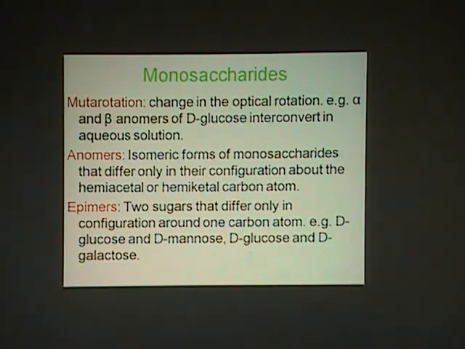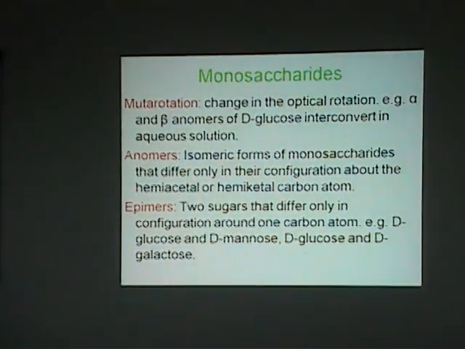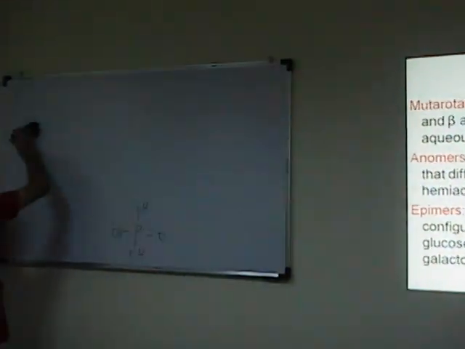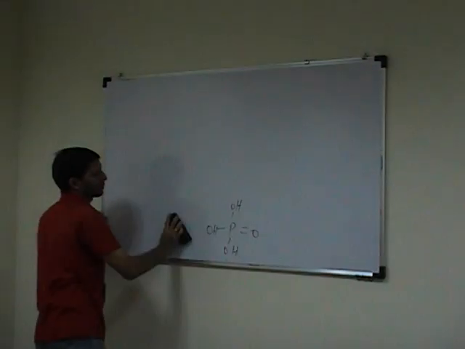Now, monosaccharides. Mutarotation, as I mentioned earlier, is when there is a change in the position at the 5th carbon.